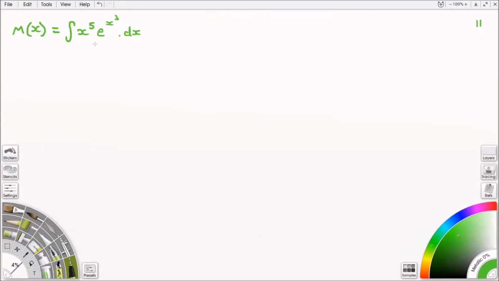So, I've made this so it utilizes integration by parts. I did a question earlier today that had e to the x with x having a power on top of it as well.